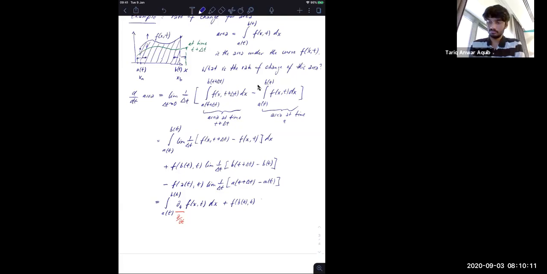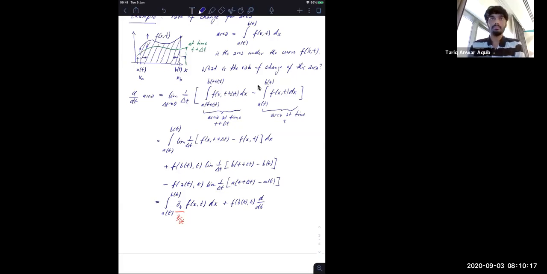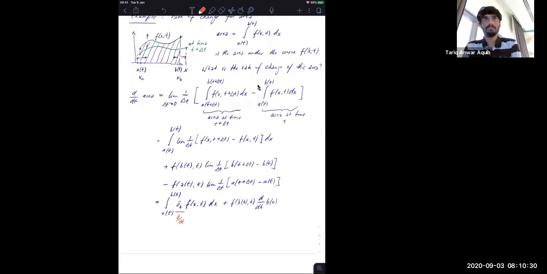So here we can write d over dt of b, if you want. It's okay? Yes. So it's a bit different in the notation you see.